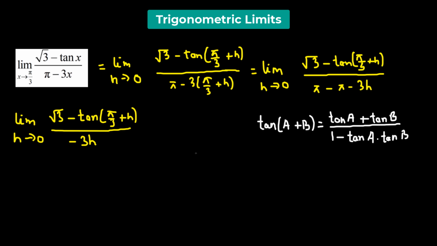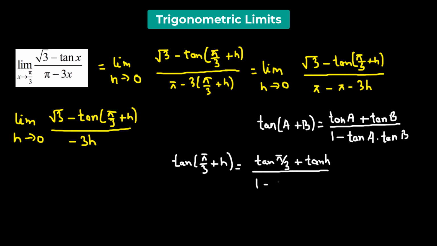Tangent of pi over 3 plus h will become tangent of pi over 3 plus tangent of h, divided by 1 minus tangent of pi over 3 times tangent of h.